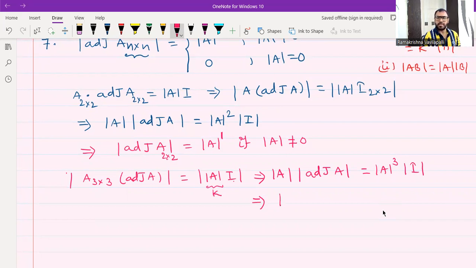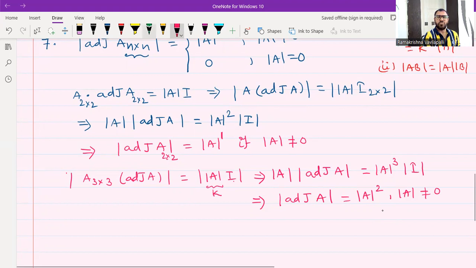So determinant of adjoint of A, after cancelling one det A, you will get det A whole square. If det A not equal to 0. So if A is n by n matrix, then determinant of adjoint of A equal to det A power n minus 1. This is also very, very important.